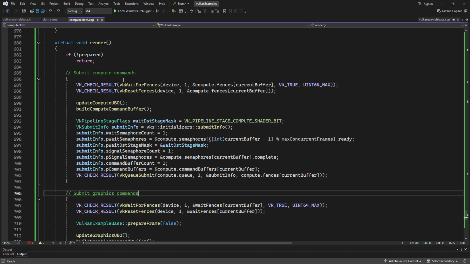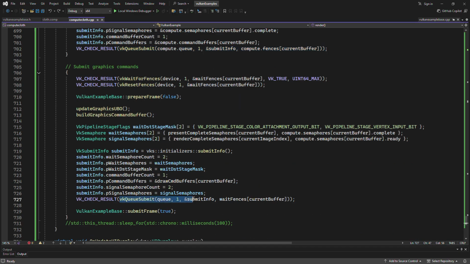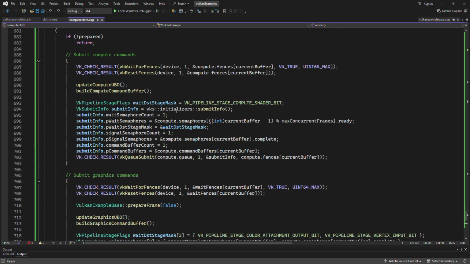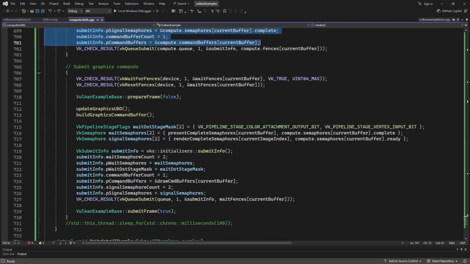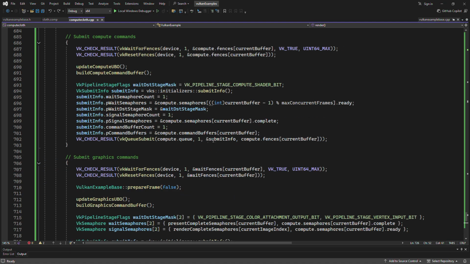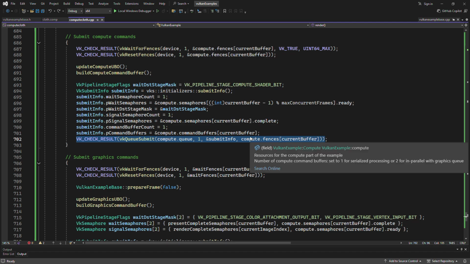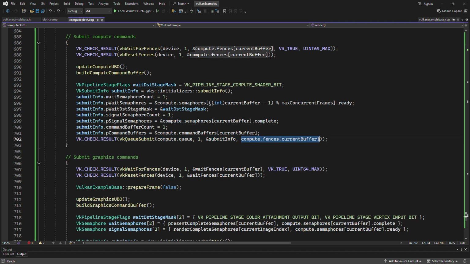So we have two processes. We have a submission of compute commands with its own set of fences and a submission of drawing graphics commands with its own set of fences. And then on the GPU side, we have semaphores that deal with how the work is being done, right? So that is organization. We have the organization using fences for the CPU to GPU submissions, the queue submissions.